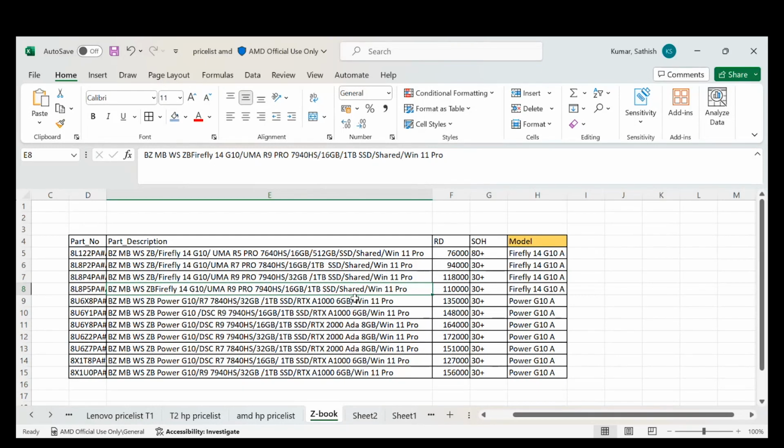As I told you earlier, these processors come with 4 GB of inbuilt graphics in the processor itself. That is APU processor technology. So you can tell your customers they can go without a card, no worries. They don't want to pay any extra money for additional graphics cards. These first 4 line items are available with the Pro processor, and without a graphics card, the pricing is very low compared to Intel.